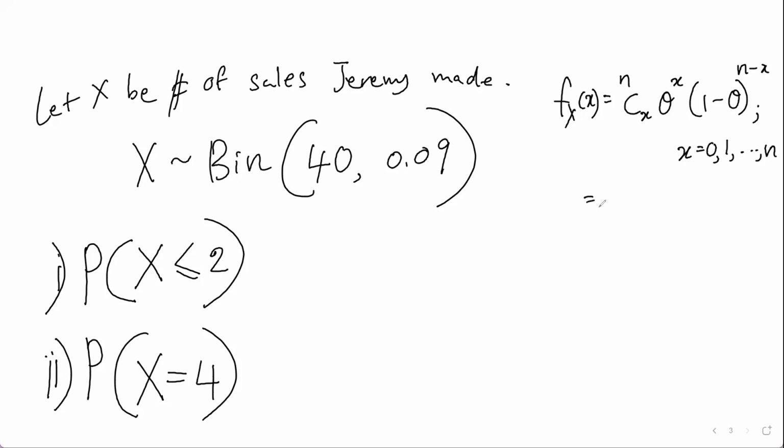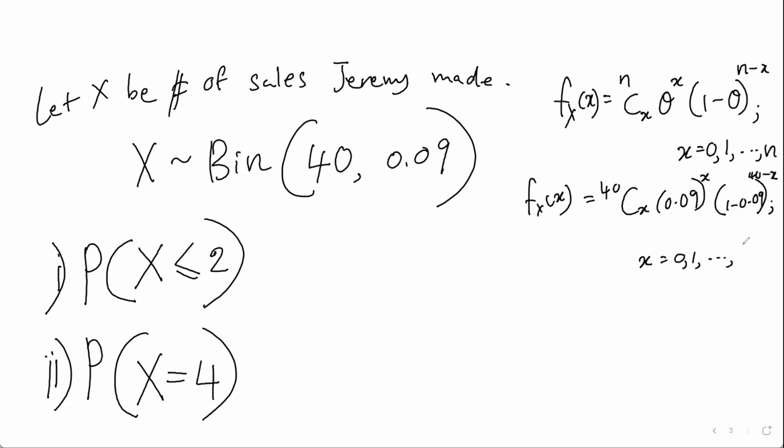So this is basically n is 40. 40 choose x times theta, which is 0.09, 0.09 to the power x, 1 minus 0.09 to the power 40 minus x, where x can take values from 0 to n, which is 40. ඕක තමයි අපිට දීලා තියෙන problem එකේ හැටියට ලියන්න පුළුවන් PMF එක, probability mass function.